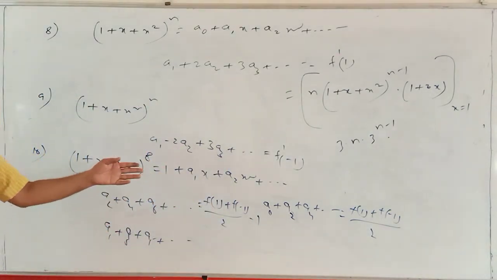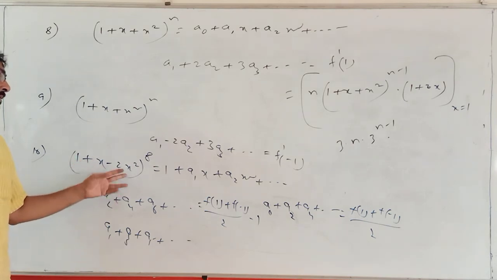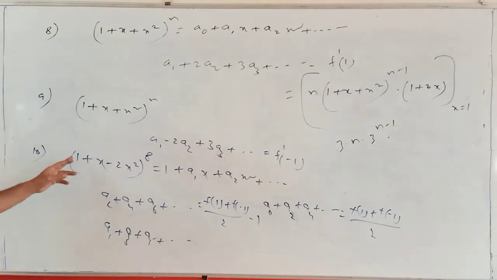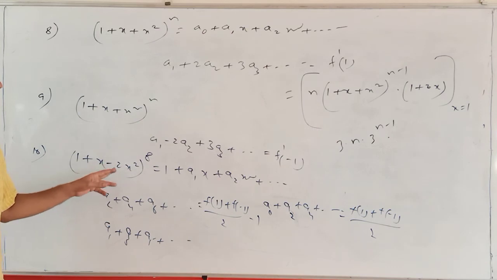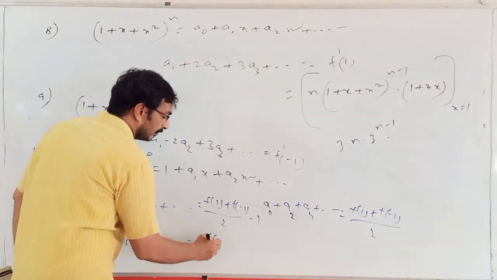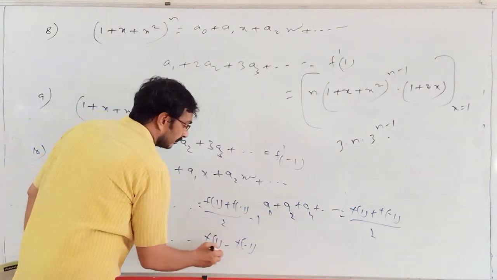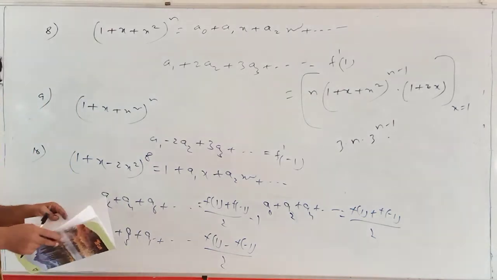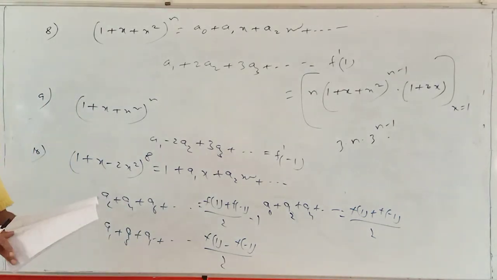So clear, f of 1 value 1 plus 1, 2 minus 2, 0. F of minus 1 value 1 minus 1, so minus 2 whole power 8 by 2 minus 1. Clearly formula for this (f of 1 minus f of minus 1) by 2. So problem is easy.